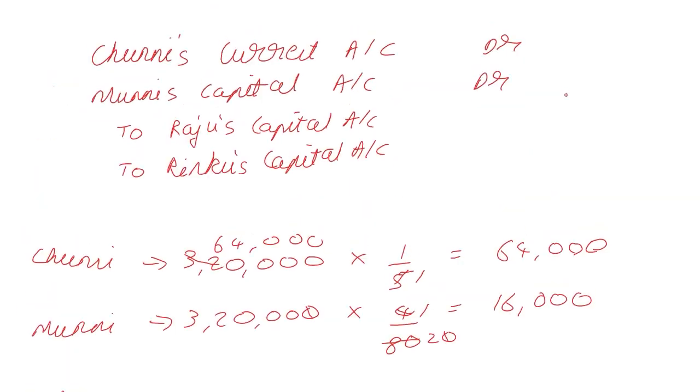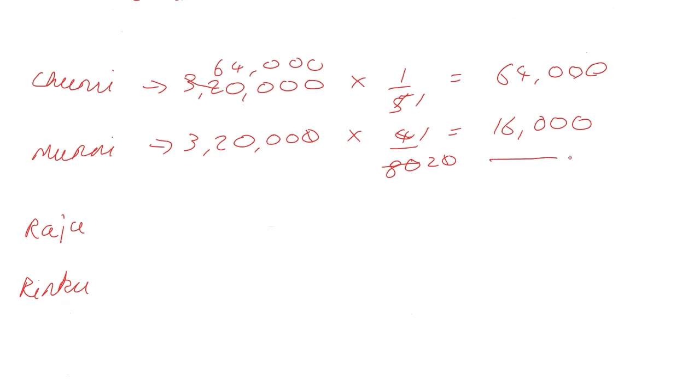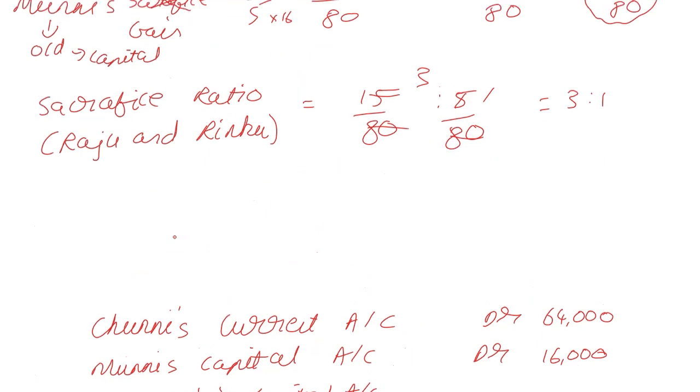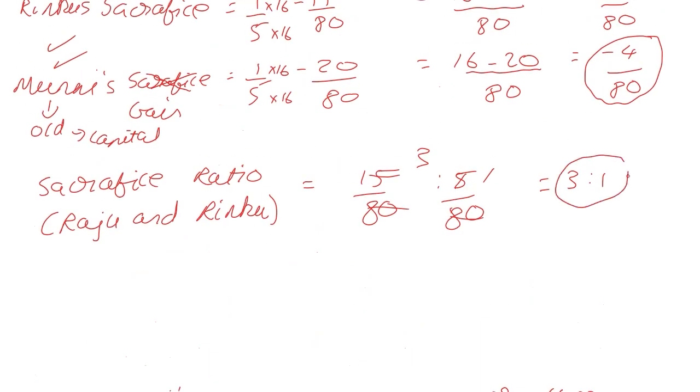So I'm going to first put these two numbers into the journal entry. So we have 64,000 and 16,000, whose total, 64,000 plus 16,000, I think, is going to give us 80,000. And now we have to break it up among the sacrificing partners in their sacrificing ratio.